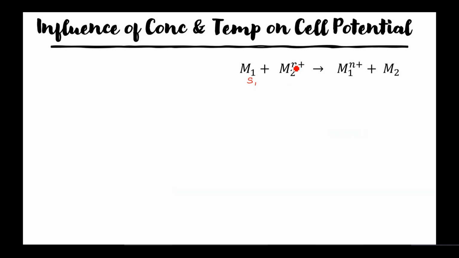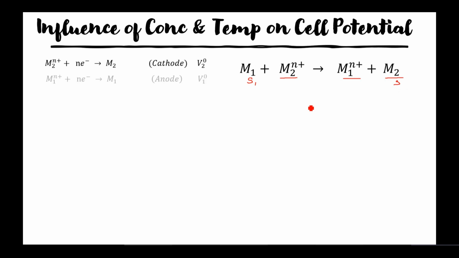So you have a solid S1 reacting with another material having ions in the ionic form, resulting in the formation of ions for material 1, and material 2 converts into the solid form.